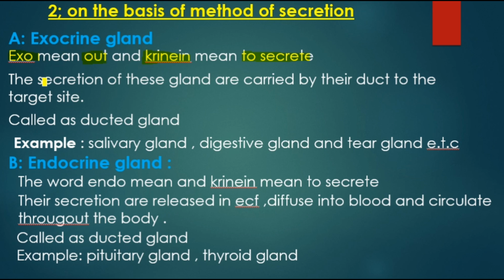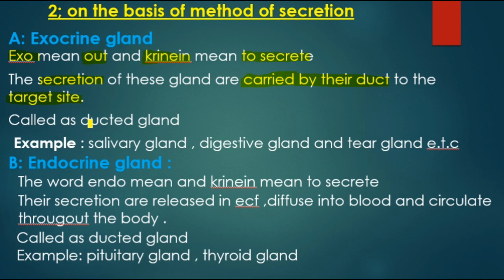The secretion of these glands is carried by their ducts. Through these ducts, the secretion moves to the target cells, or you can say the site where the glands perform a specific task in the target area. Such glands are called exocrine glands.